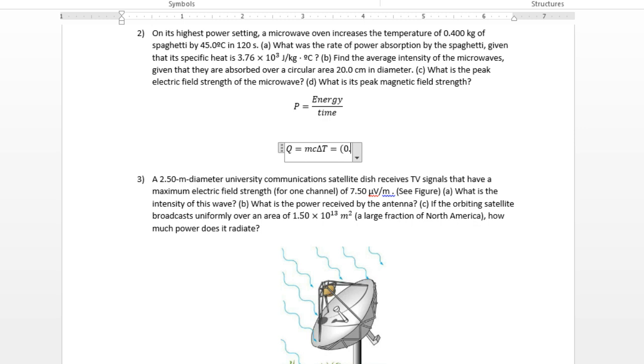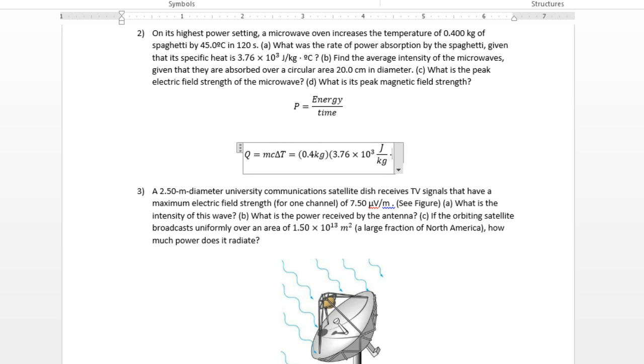So we have 0.4 kilos. We have 3.76 times 10 to the third joules per kilogram degrees C. And we have delta T of 45 degrees C. Alright.